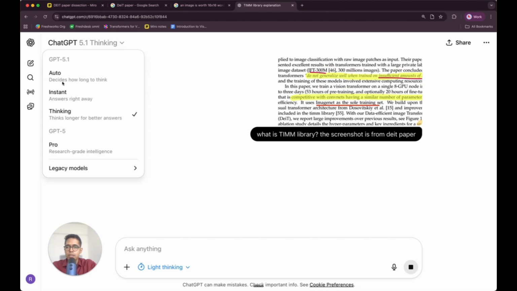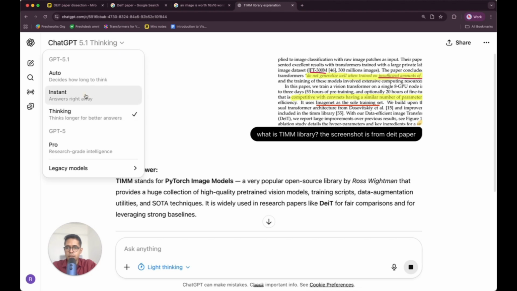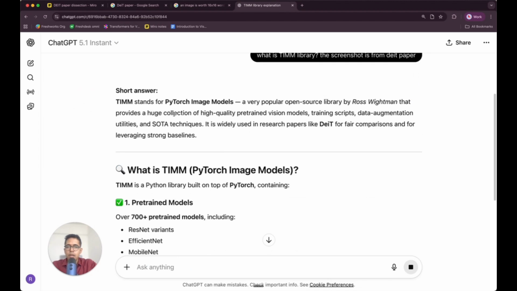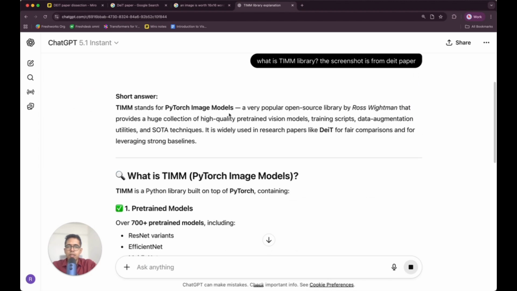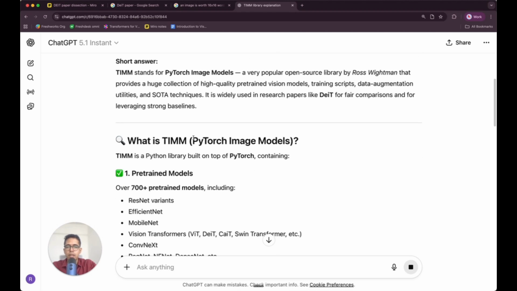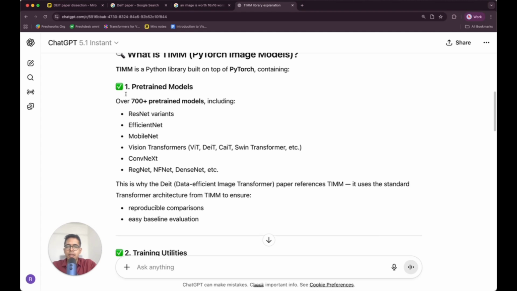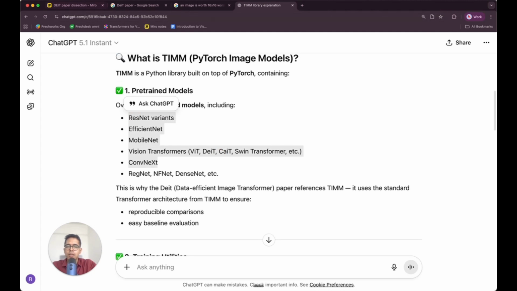I don't want too much thinking or anything here. Most of the questions that I'm going to ask are simple. Okay, it stands for PyTorch image models, a very popular open source library that provides a huge collection of high quality pre-trained vision models. So over 700 plus pre-trained models. So basically, the DEIT paper references TIM. It uses the standard transformer architecture from TIM to ensure reproducible comparison and easy baseline evaluation.